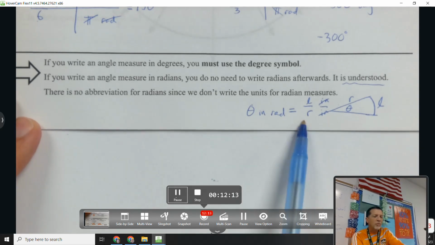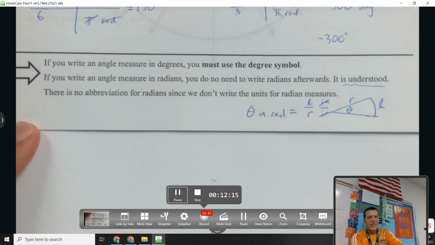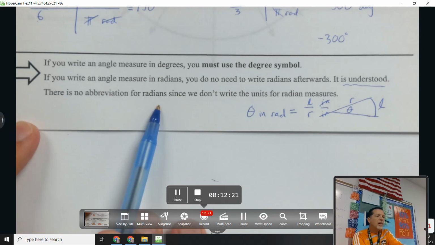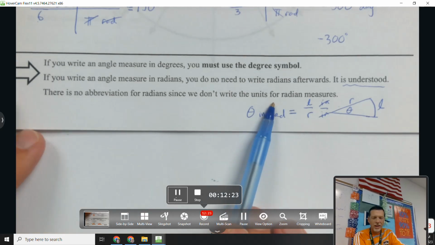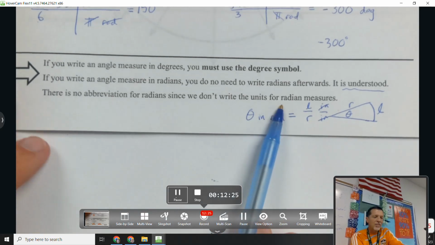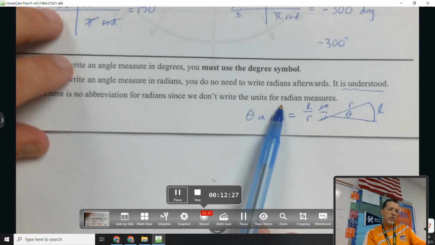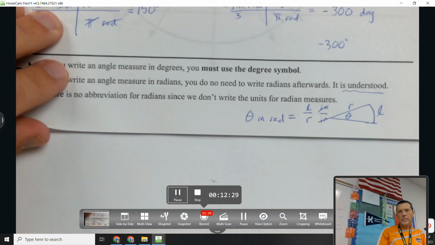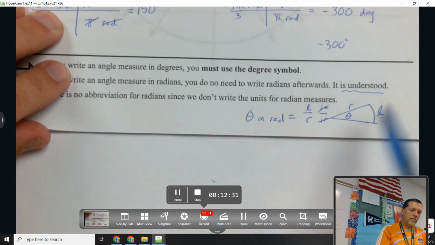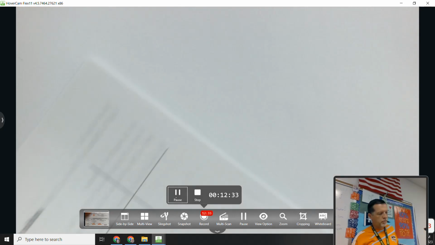It doesn't really have a unit. It's kind of weird, but that's why you don't have to put radians. There is no abbreviation for radians since we don't write the units for radians. Radians is a unitless angle measure because it's a ratio. Lots of stuff we could go into with that, but we'll stop there.